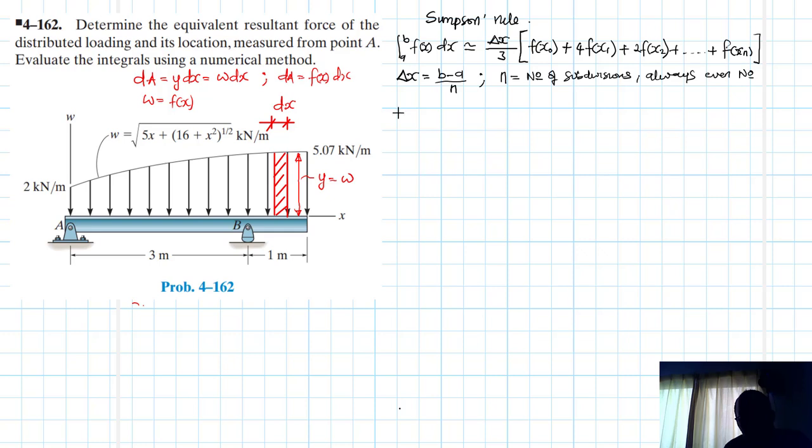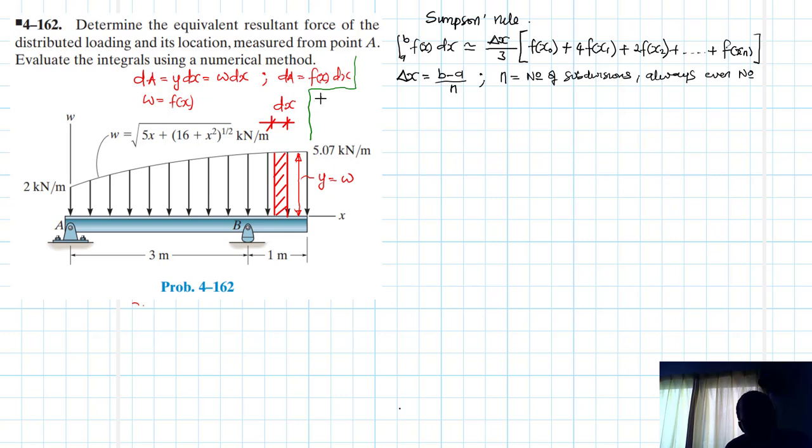All right, so let our n for now be equal to 4. So 4 subdivisions. Let me create a boundary here.